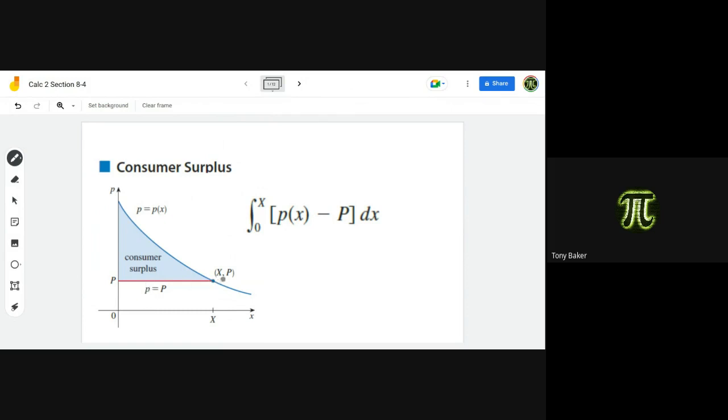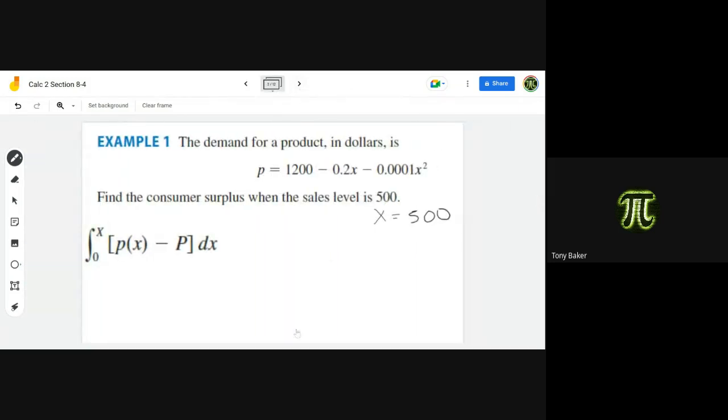So that value is going to give you that point. Right there, we're looking for that value. If X is 500, what's the Y value? Plug into the formula and find the Y value. The equation's right there.